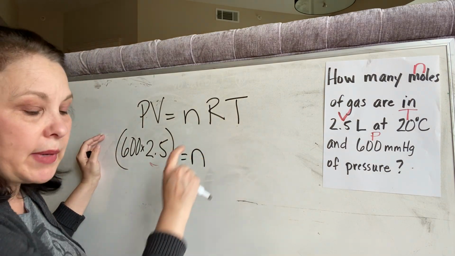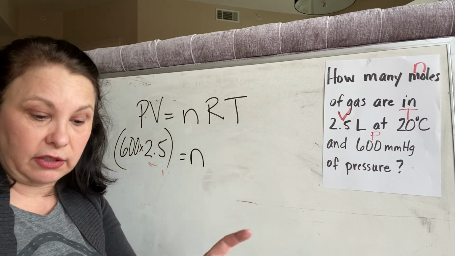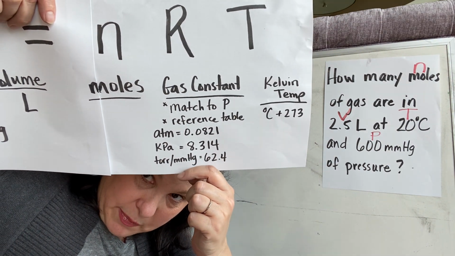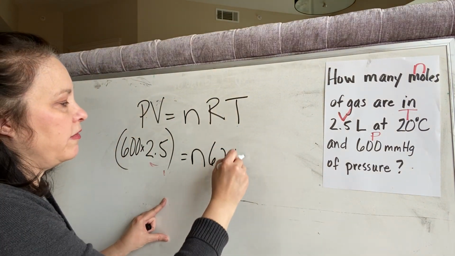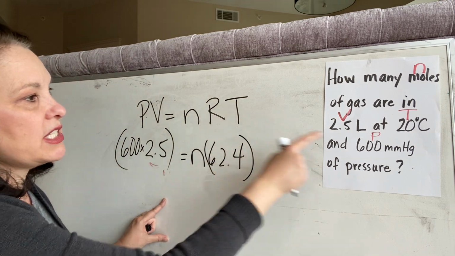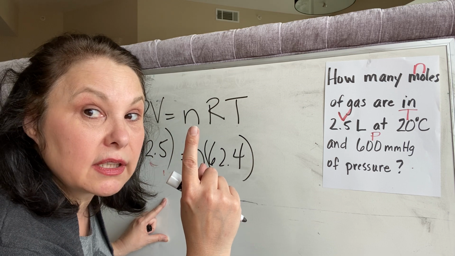My R, remember, I'm going to go back to my reference page, or I'm going to look right here, and it says if I'm dealing with millimeters of mercury, which I am, I'm going to use 62.4 for my R, and then my temperature, of course, has to be in Kelvin.